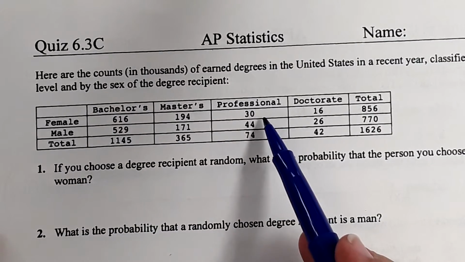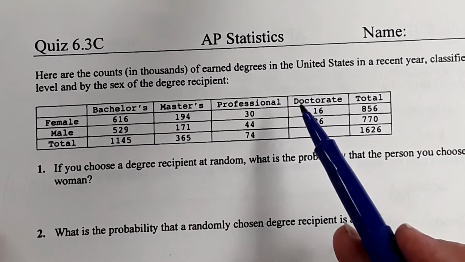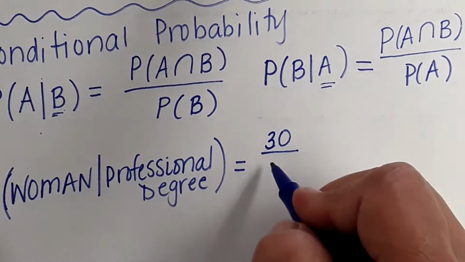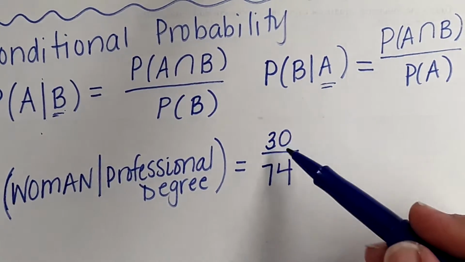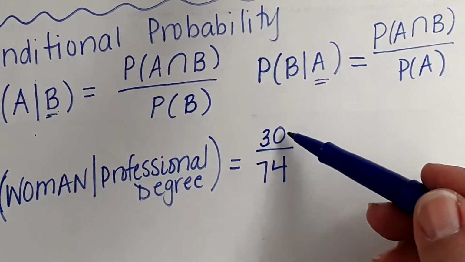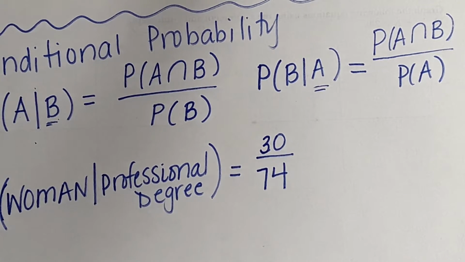Female and professional, 30. Now, given that they have a professional degree, where is the professional degree total? It is 74, because that's how many have a professional degree. So again, it's the intersection of women and professional degree. That's where I got the 30. And then the 74 is how many people had a professional degree. So it's the conditional probability.